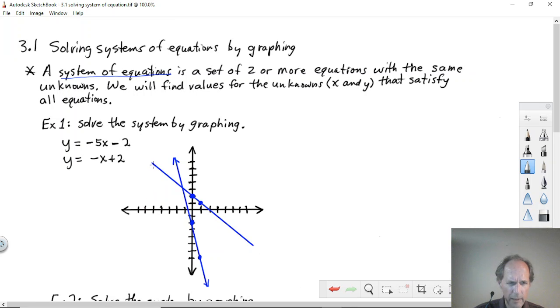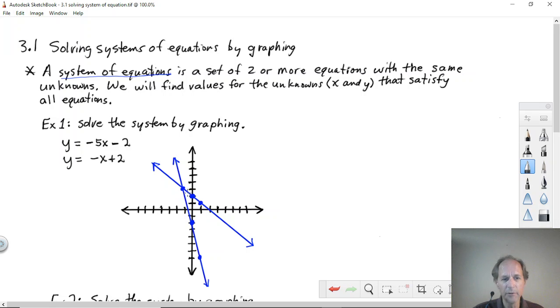You could also plot points by plugging in values for x and finding the value of y. So we have both lines drawn, and we're looking at this intersection, and that point looks like it's right there. That should be our solution. That point is the x and y that make both equations true. It doesn't work perfectly, but the whole number it's closest to is negative 1, 3.